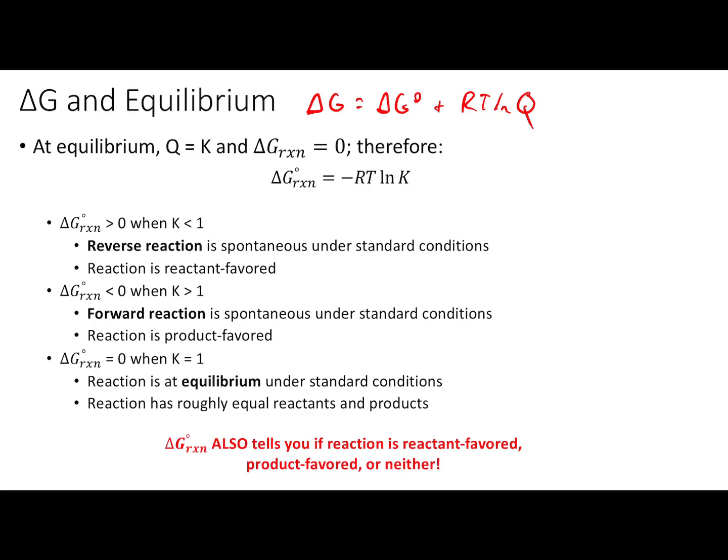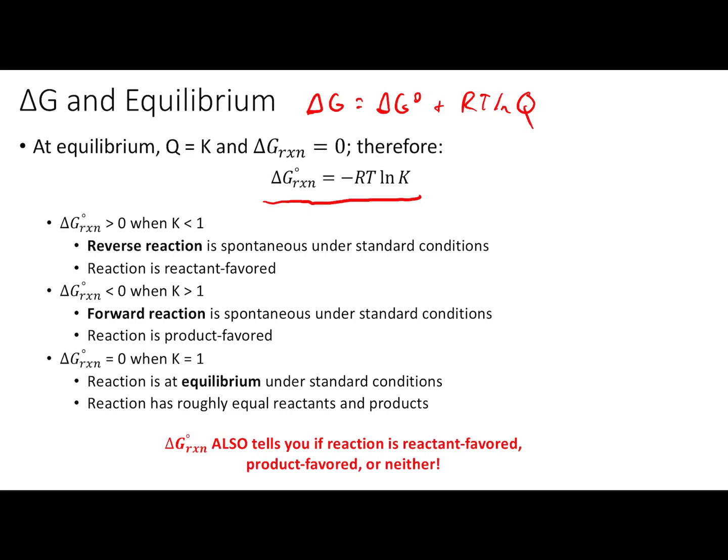If we are at equilibrium, Q equals K, and therefore delta G of reaction, or delta G, equals 0, and therefore we end up with delta G0 of reaction equaling minus RT natural log of K.